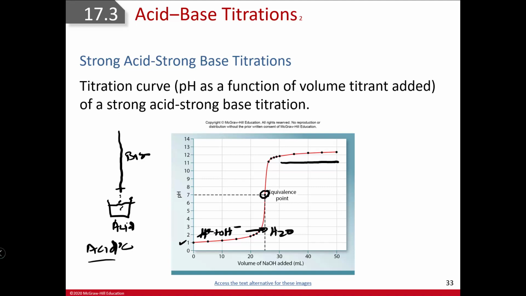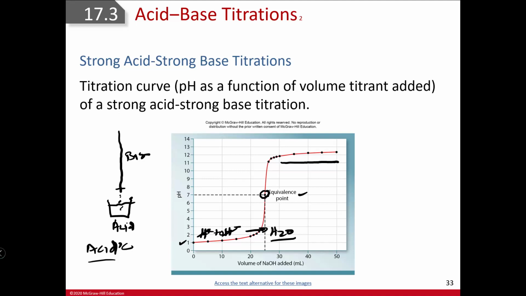We just add enough base to consume all the hydrogen ion, so all we have is water, and you know that the pH of water is 7. That's called the equivalence point, when we've added enough of the titrant to consume all of the analyte.